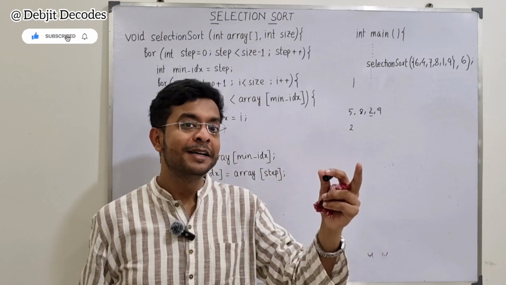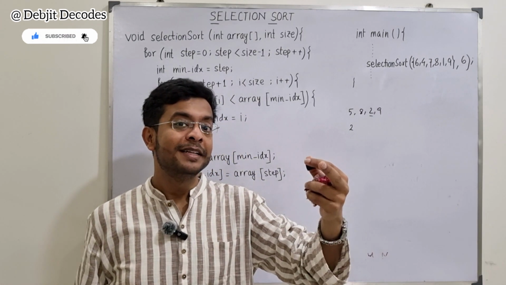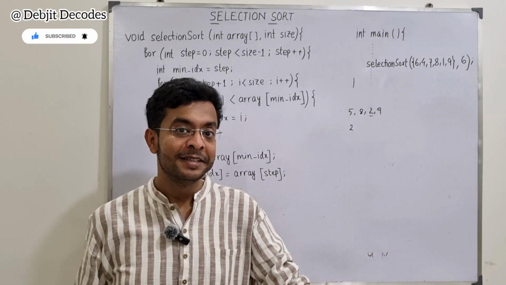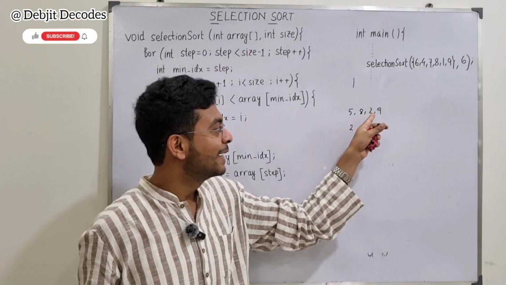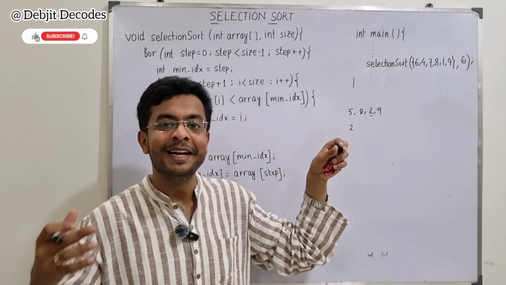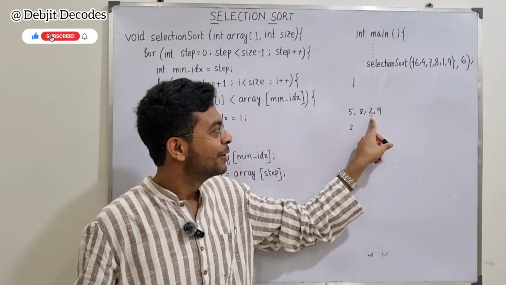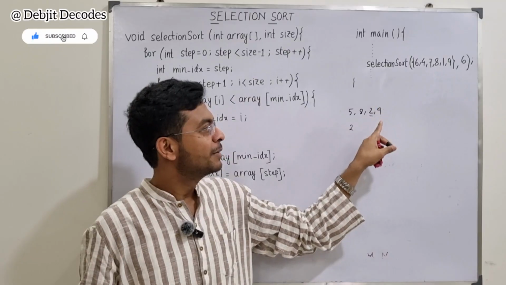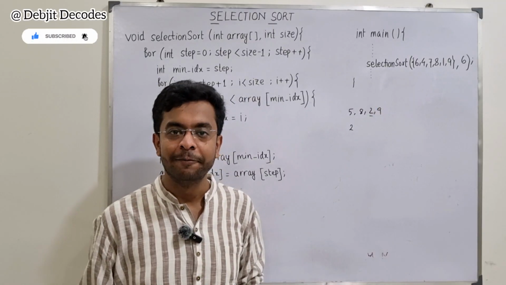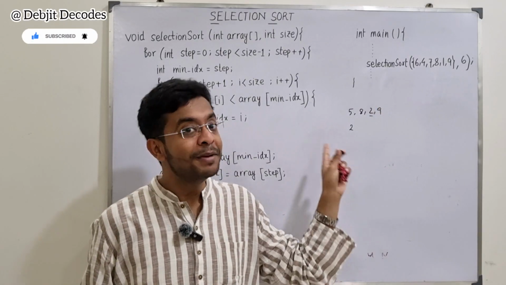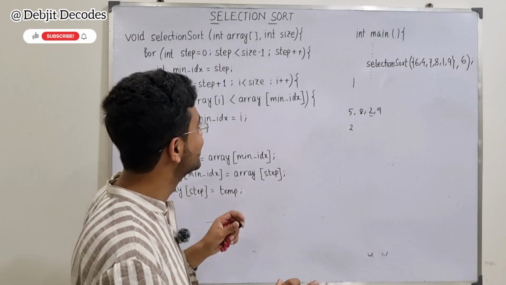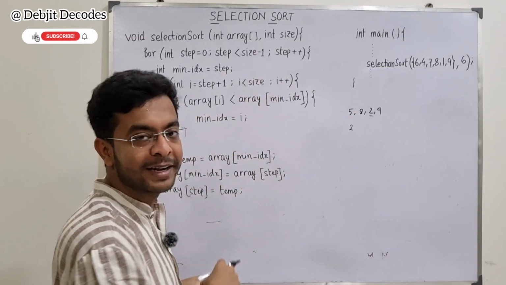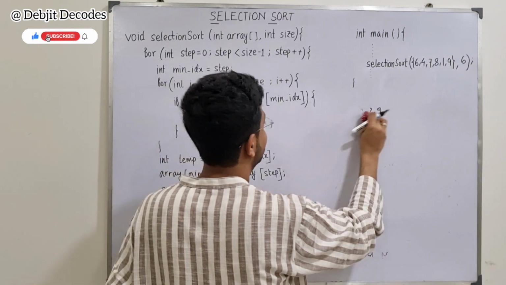Just like our brain thinks about sorting, whenever we were a kid, we used to do it this way, and even now, whenever we are supposed to sort some elements, we pick the smallest one and put it first. But is it the same as selection sort? You will understand it by yourself when I dry run this. So let us have a quick look.